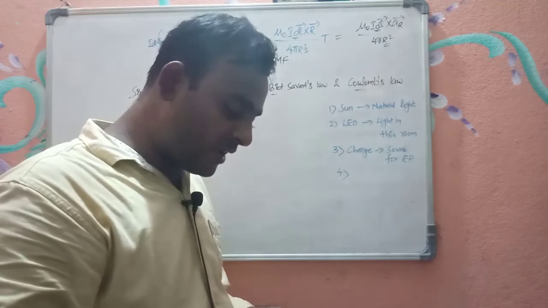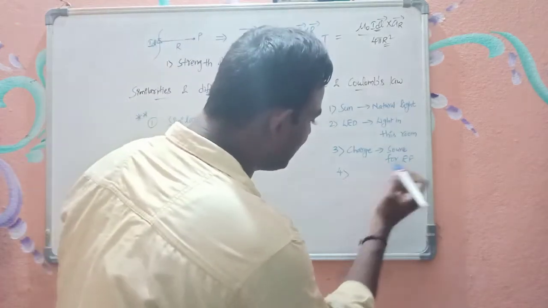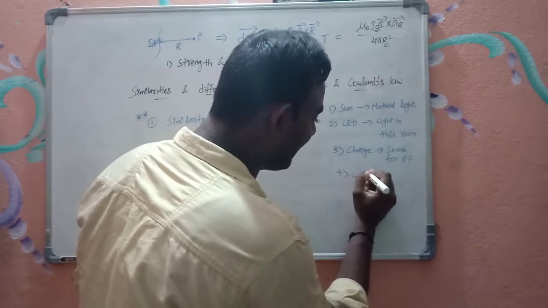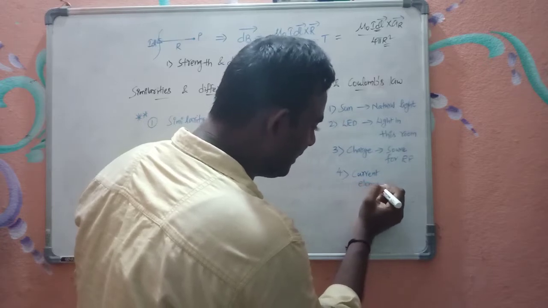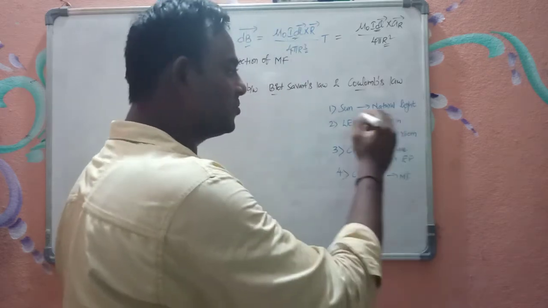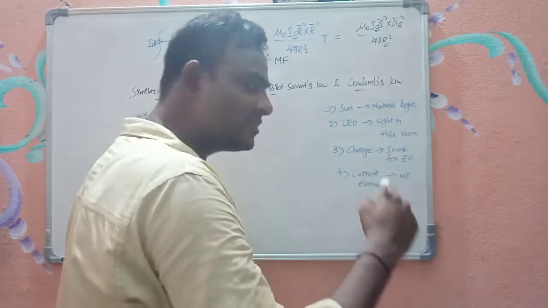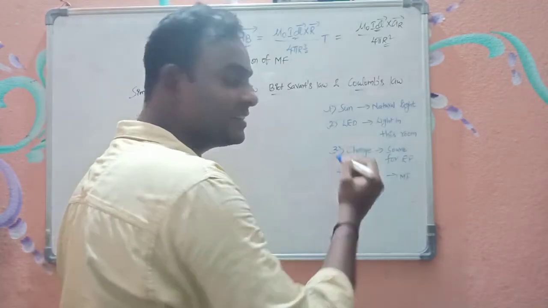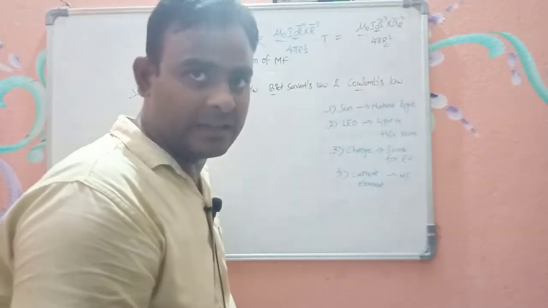But as far as magnetostatics is concerned, the source for magnetic field is current or a current carrying conductor, or we can say the current element. As the source for natural light is the Sun, as the source for light in this room is LED, the source for electric field is charge, the source for magnetic field is a current carrying conductor or current element.